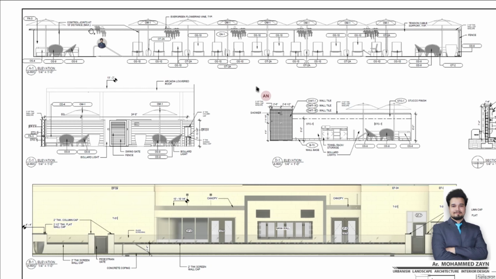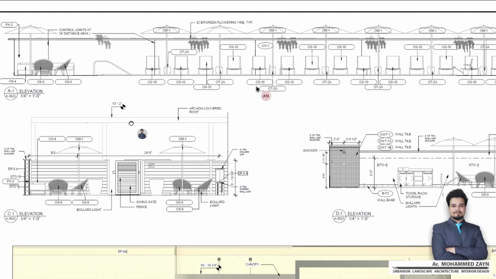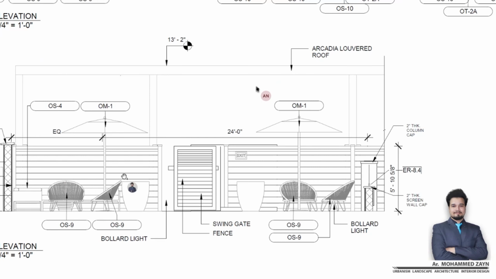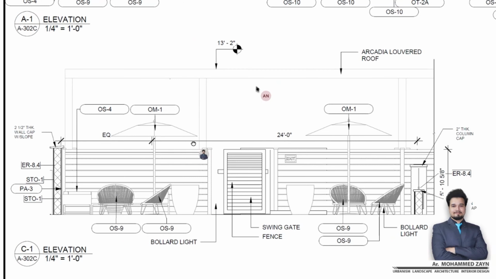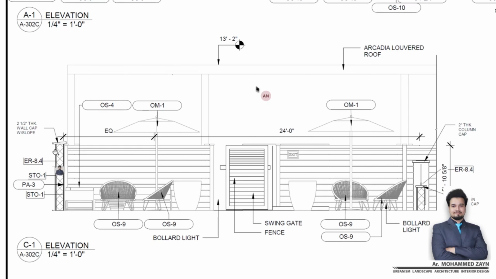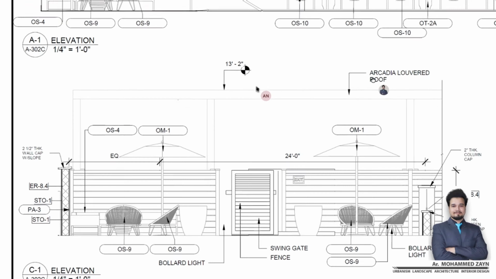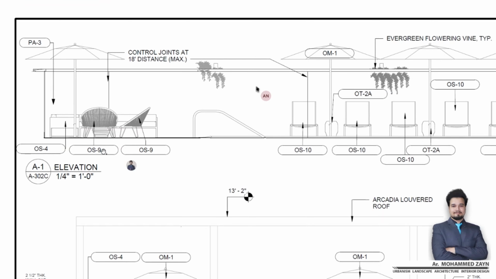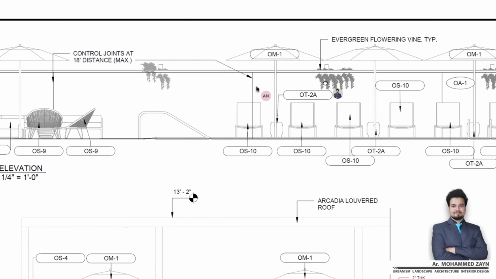Yeah, in here you can see the elevations. When you see the elevation, you'll get the exact idea of the scale of the room, the finish, the length of the finish, the height of the finish, the height of the room, and each and every small detail that you require when you're constructing a space is in here.